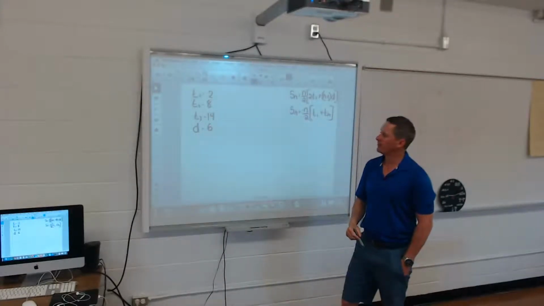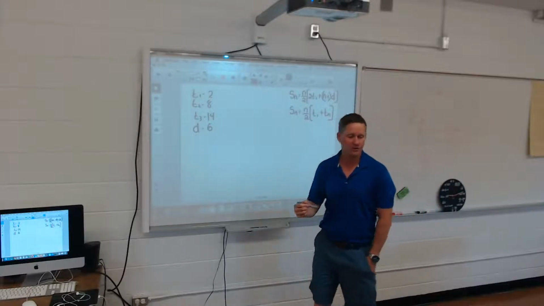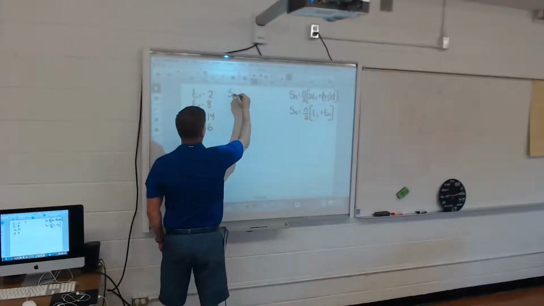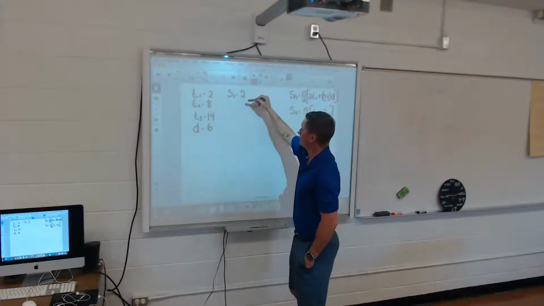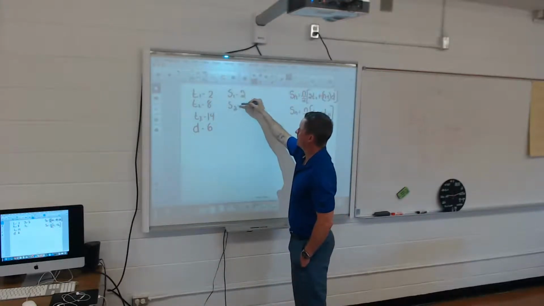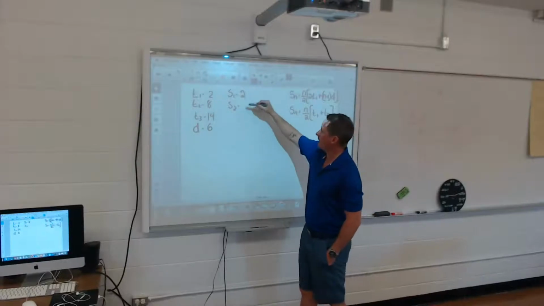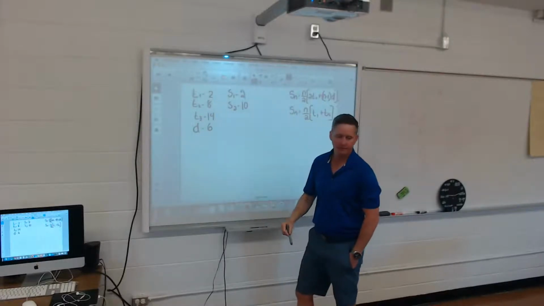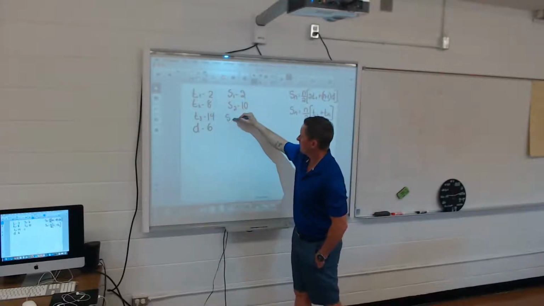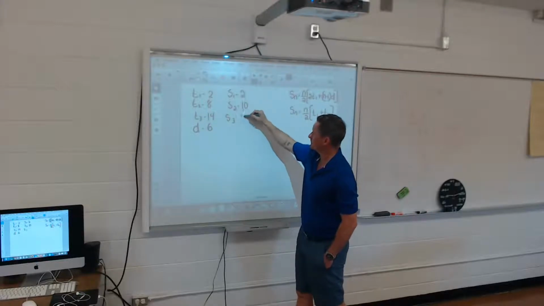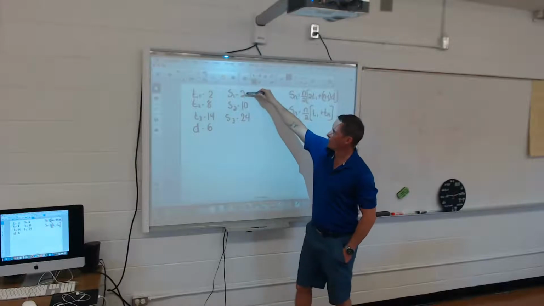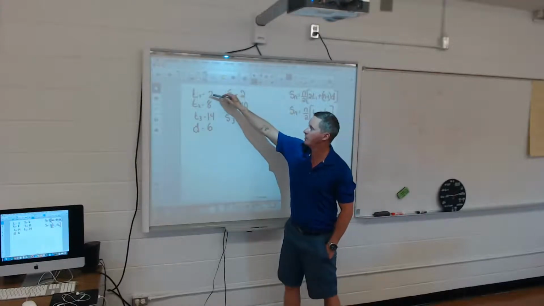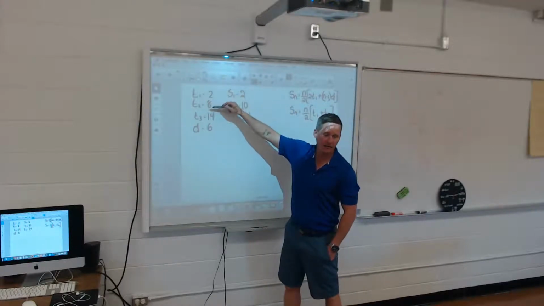Okay? Now, to find the sum of those first three terms. S to the 1, the first sum, is 2. S to the 2, the second sum, is 10. And then I have S to the 3, which is 24. So I started with the first value, which is 2, and then I add the second value to it.